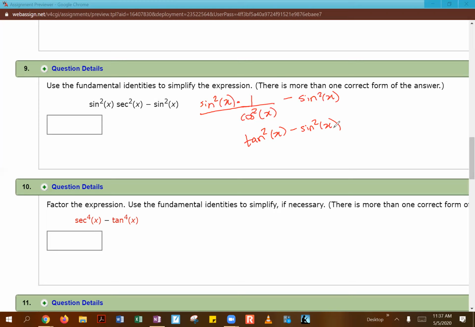What I was actually thinking, instead of going down this path, what if you had taken the sine squared outside as your common factor? Oh. Right? Then you would be left with secant squared of x minus 1. Do we have an identity that would help us out with that? Secant squared minus 1.